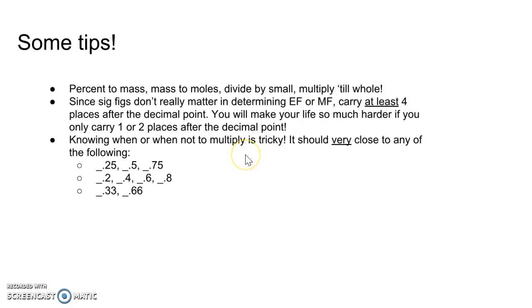Speaking of that, the hardest thing to know is when you should multiply or when not. You should recognize that either it's going to be a whole number right away, hooray, or you end up with values like 0.25, 0.5, 0.75. You'll recognize these are all kind of 1/4 things.